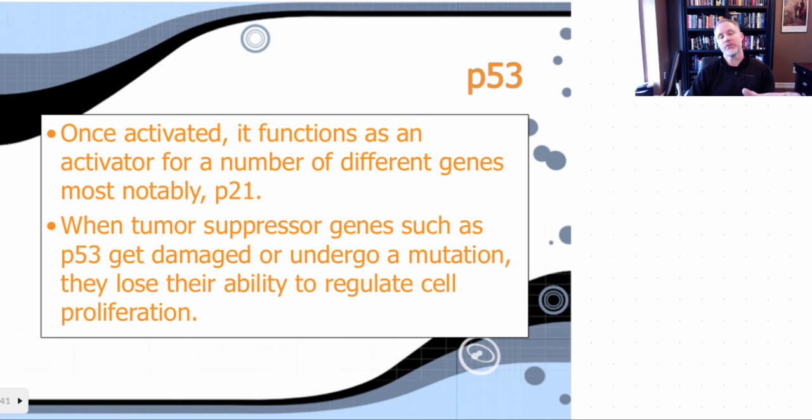But once P53 itself becomes activated, in addition to some of the things we just described, it can also activate a number of other genes within the genome that do many of the same types of things that it does. One of the notable genes here is P21, and those are going to be repair types of proteins that do a lot of the same things that P53 does as well, okay?